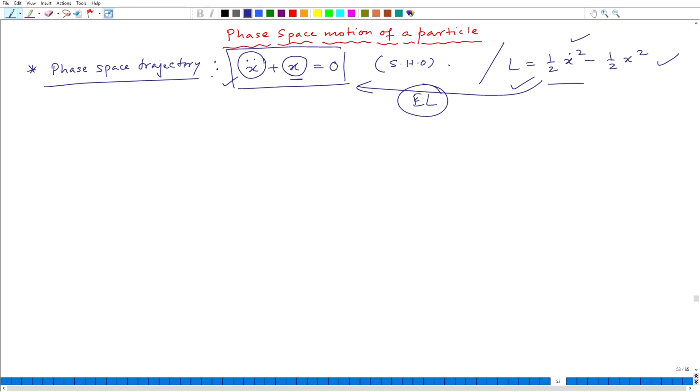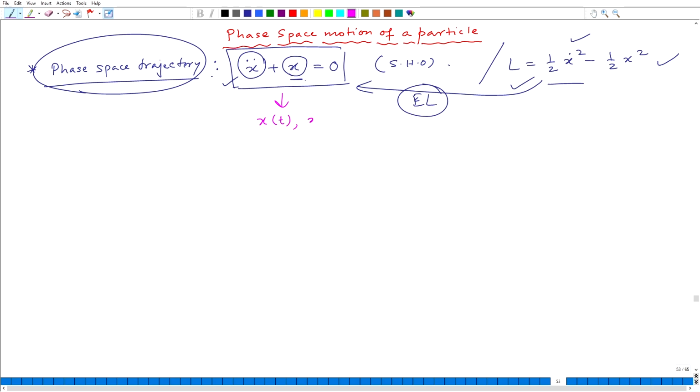Now, if I ask what will be the phase space trajectory of such a particle, what is the formal method? We have to actually solve this equation to obtain x as a function of t.